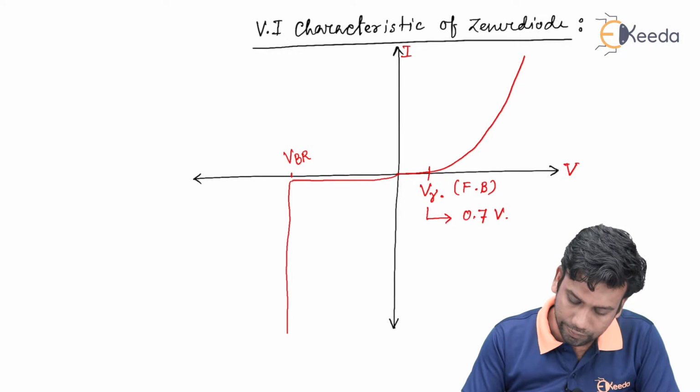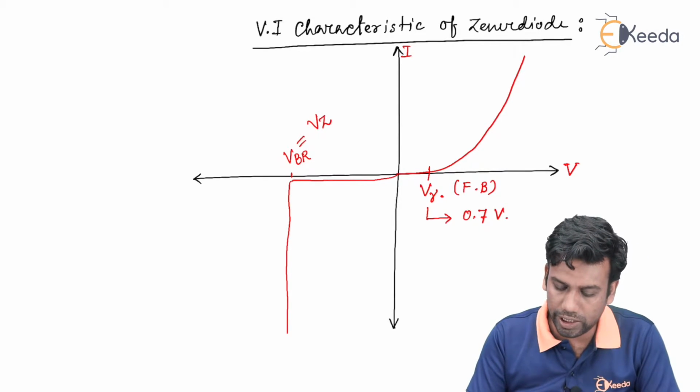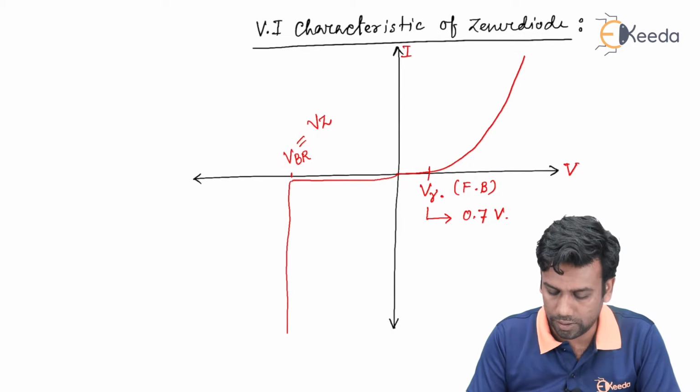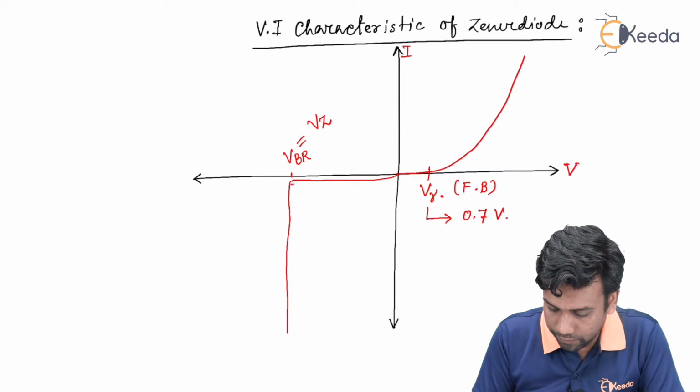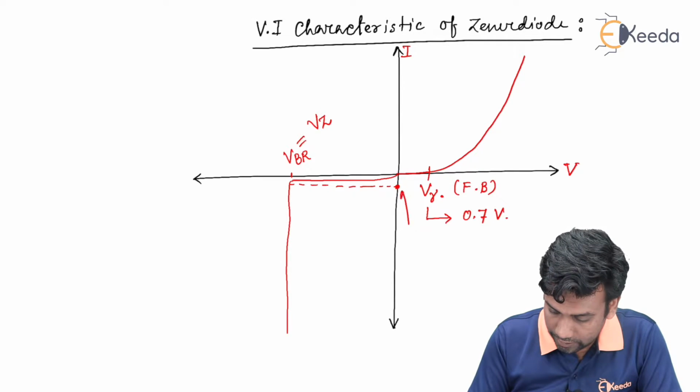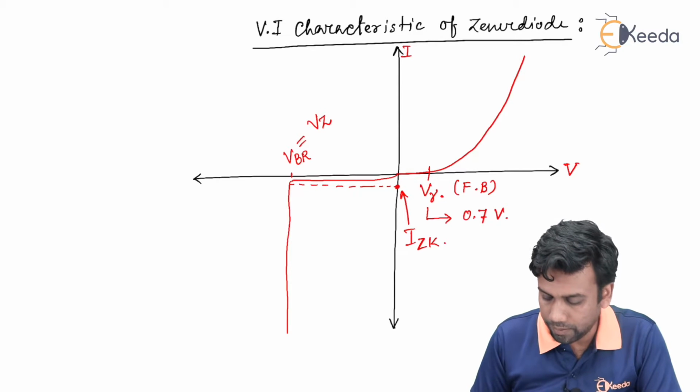This breakdown voltage for the Zener diode is termed as the Zener voltage or Vz, that is the voltage across the Zener, and the current value at that condition is denoted as the knee current or IZK.